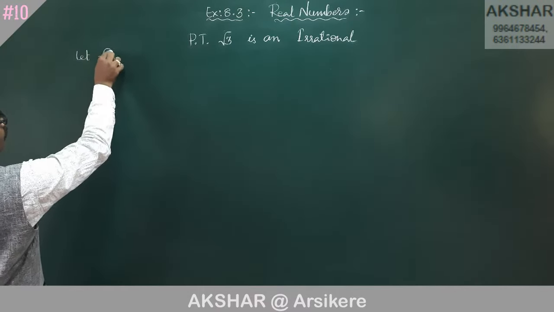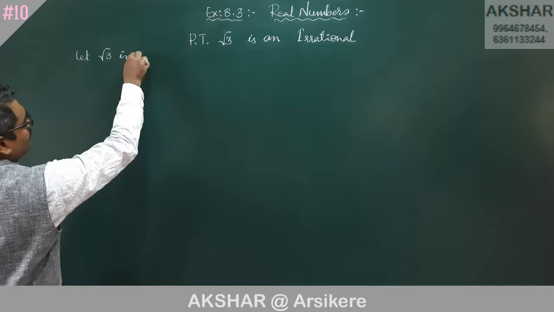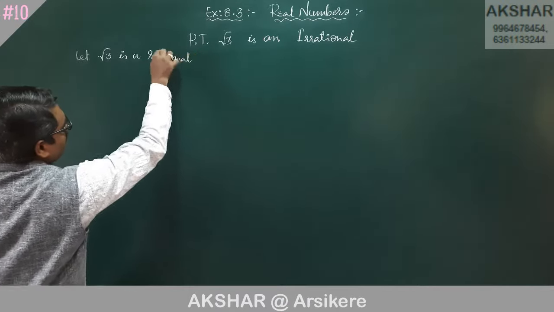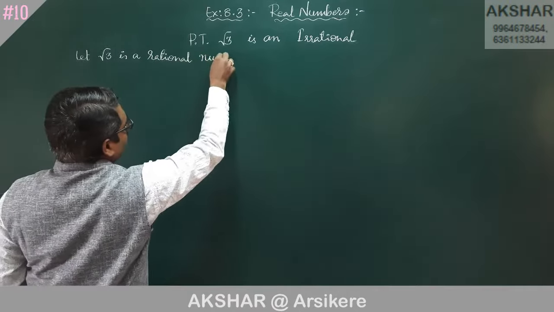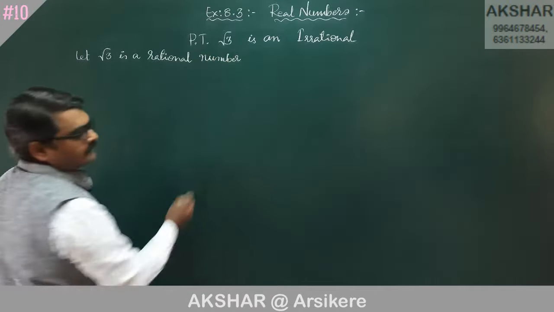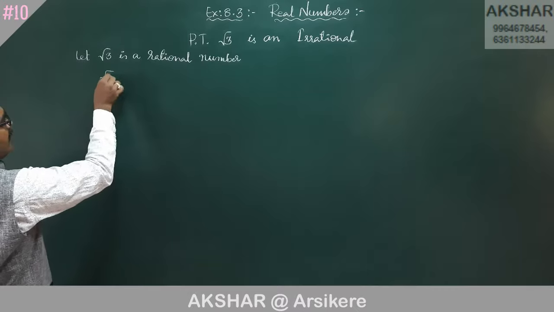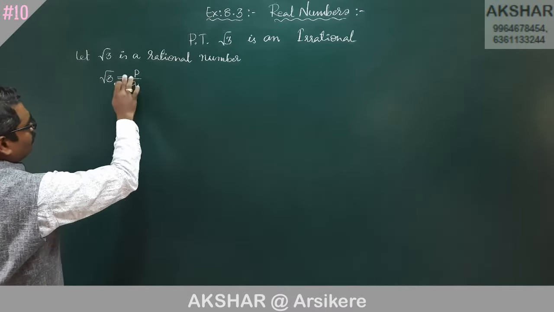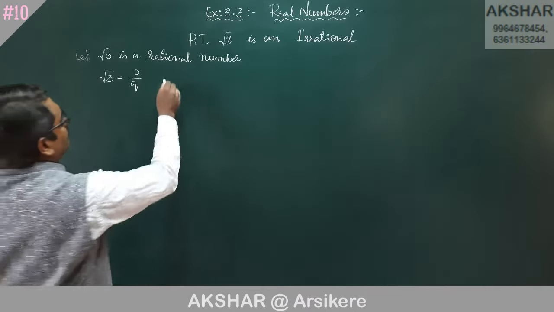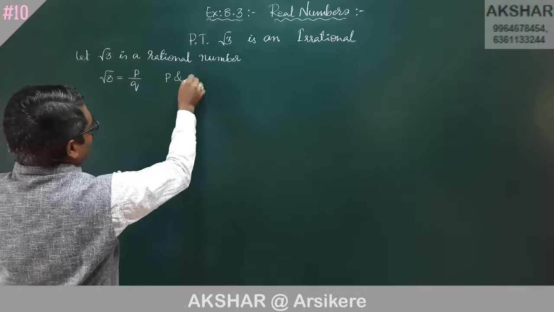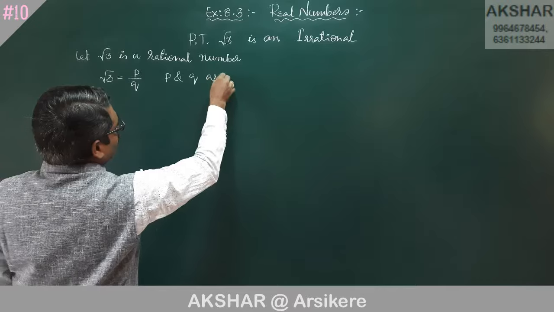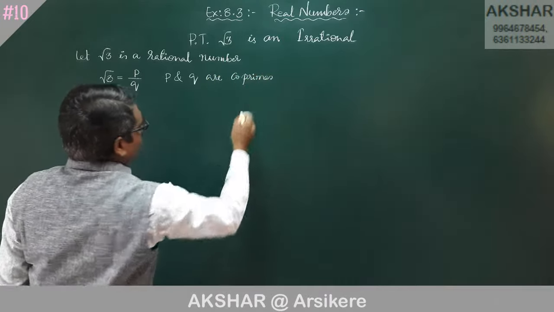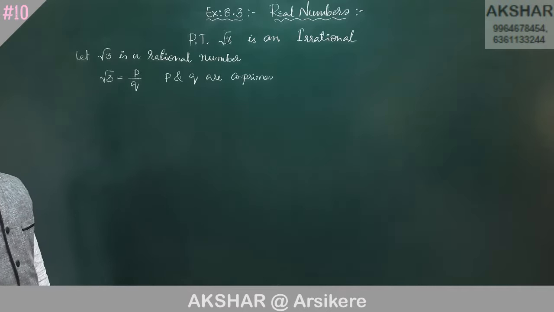Let root 3 be a rational number. If root 3 is a rational number, then root 3 equals p by q, where p and q are co-primes.